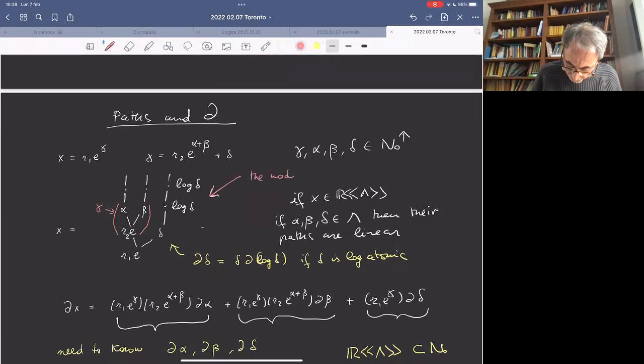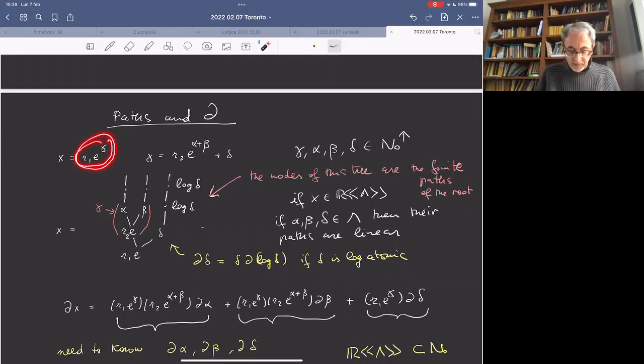The nodes of this tree are the finite paths of the root. The root is, in this case, x, which is a monomial.